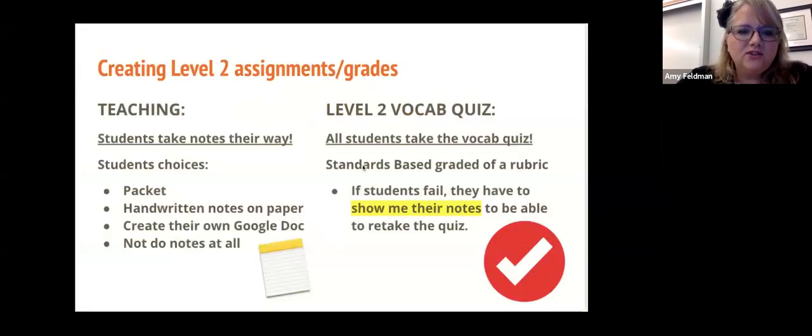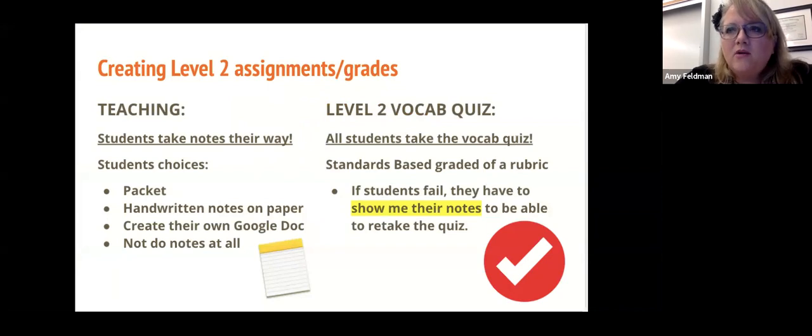So this level 2 assignment I'm going to give you. Now I'm going to break away for just a second. Students, when I teach a class, I look out and at one point, I was having everyone take notes the way I thought they should take notes.